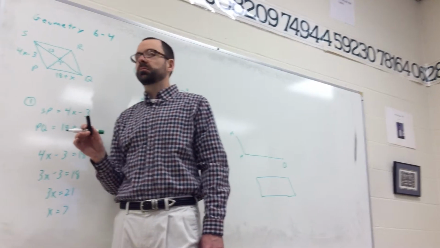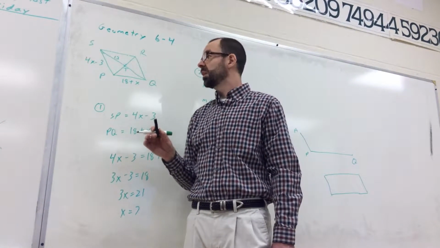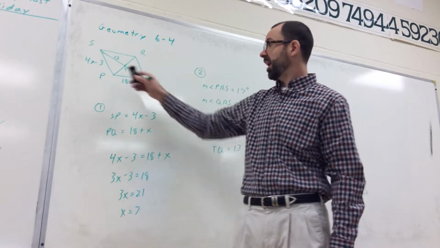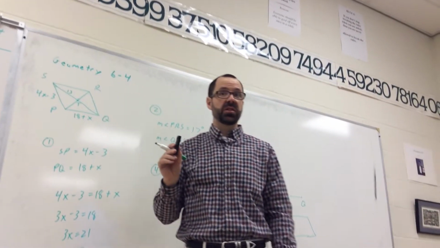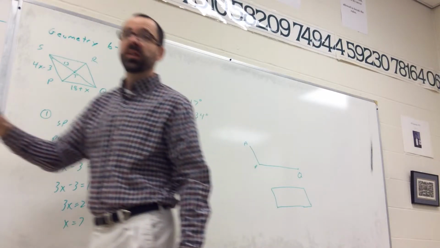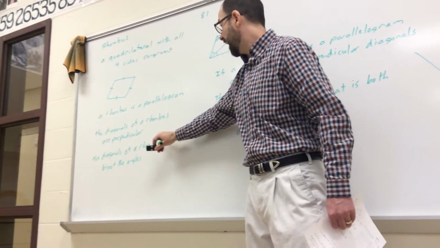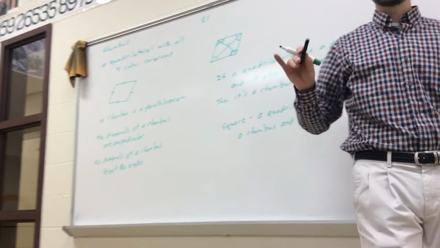Since the line PR is bisecting SQ, it makes the sides equal. Yeah, you're right, but how do we know that PR bisects SQ? Because over here, we didn't have that information, right? We had the angles getting bisected, but we didn't have the diagonals getting bisected.